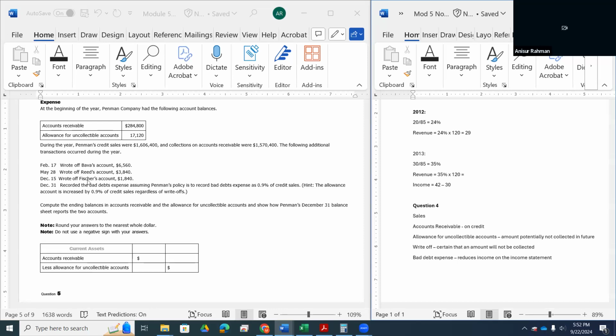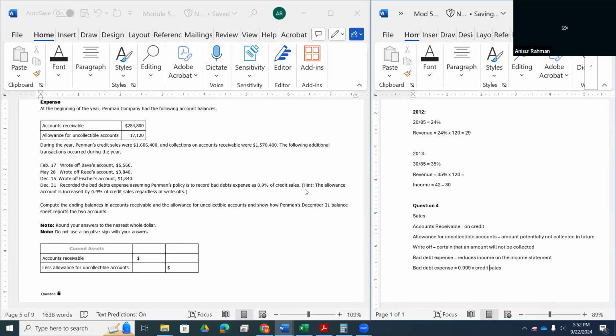So recorded the bad debts expense, assuming Penman's policy is to record bad debt expense as 0.9% of credit sales. So bad debt expense is equal to 0.9%, which is 0.009 times credit sales.